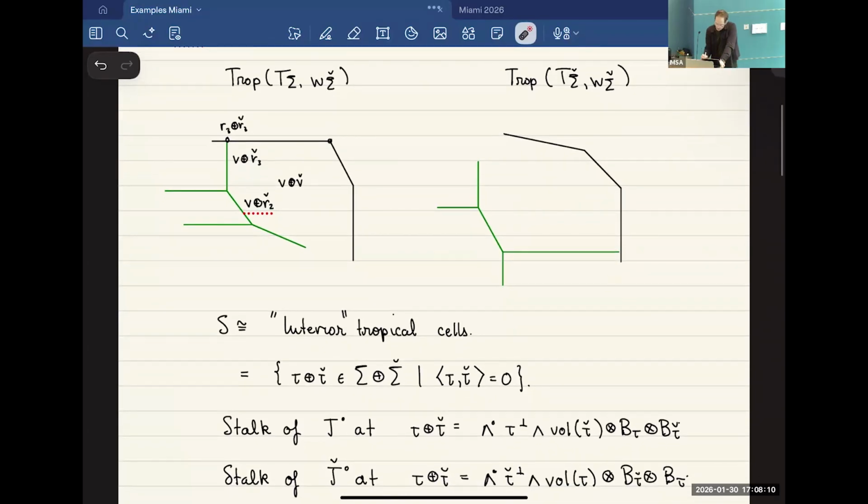So, and to maybe give you a brief idea of what the stalks of these sheaves look like, on one hand, you have the stalks of J look like, take the orthogonal complement of the first cone, and then you take the volume form on the second cone, on the linear space spanned by that second cone, and you take the wedge of these two things, and then you tensor by these two beta tau and beta tau check factors.